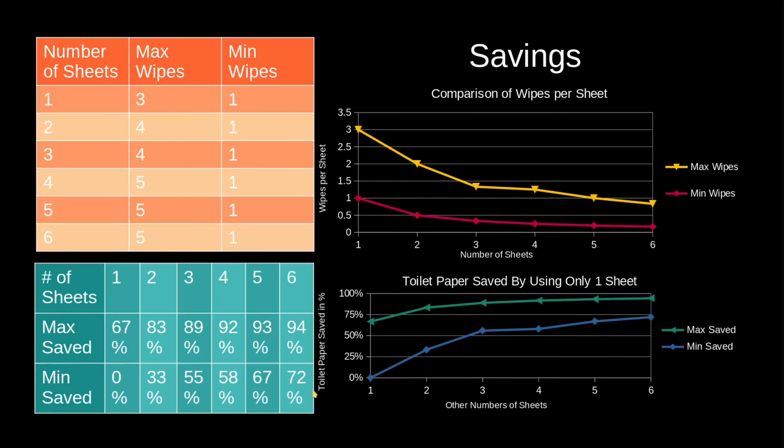So with that, you don't save as much. That is the min saved here. But you still save quite a bit of toilet paper by switching over to one sheet and wiping 3 times.